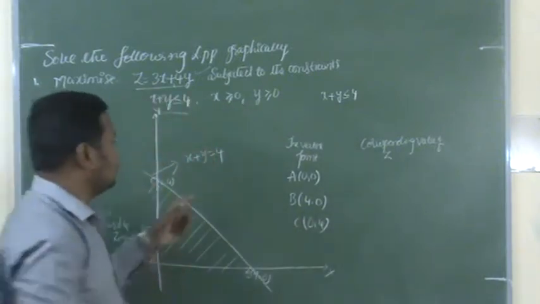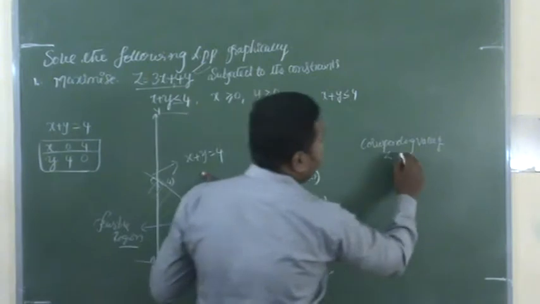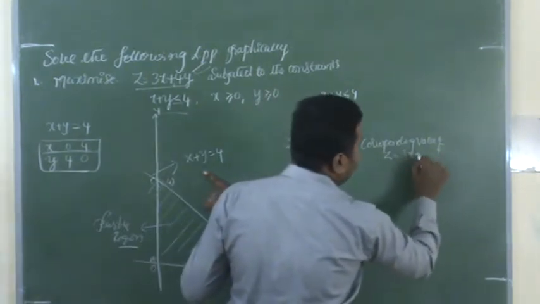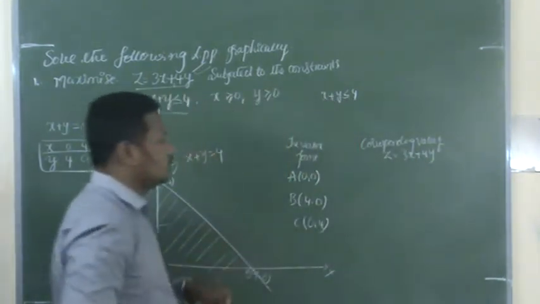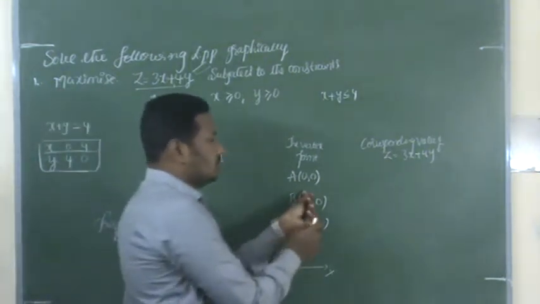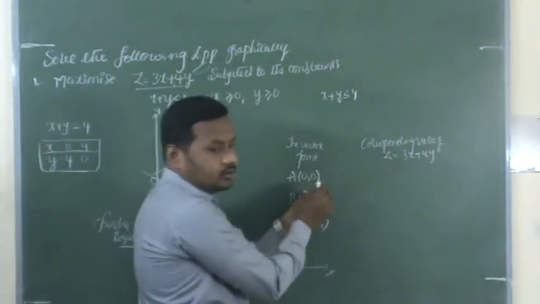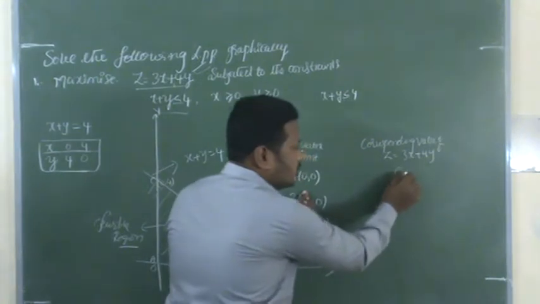We put these into z equals 3x plus 4y, substituting x and y. At A we get 0.